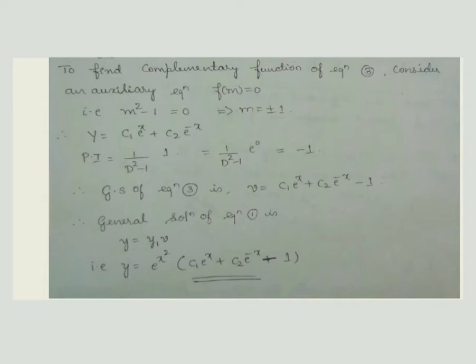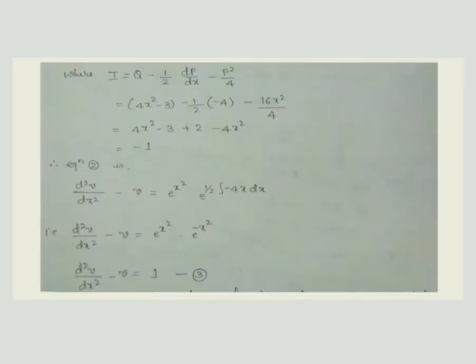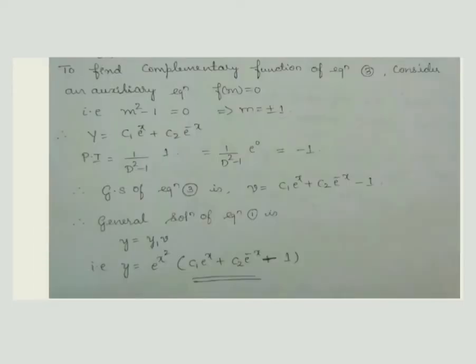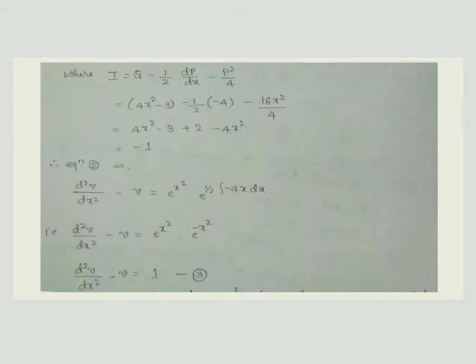Let us find the particular integral for equation number 3. Equation number 3 was d square v by dx square minus v is equal to 1. In terms of v here, observe that not y. So from that we have to get the value of v. So now the particular integral is 1 by d square minus 1 into RHS value, which is 1 here.